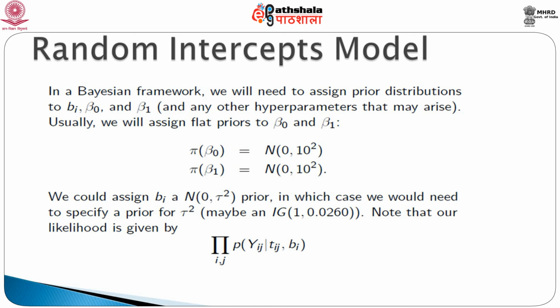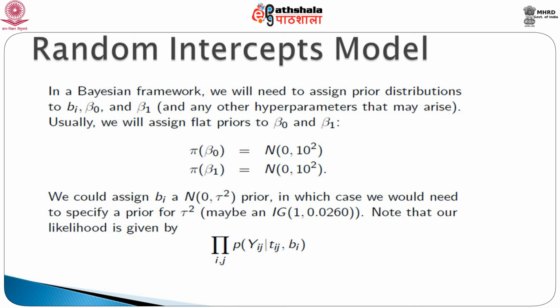Interestingly, I said these are flat priors, but I assume normal(0, 10 squared). The reason is that this is the basic strategy Bayesian people follow these days: they take the variance large enough for a normal distribution, so that it ultimately reduces to a flat or uniform prior.